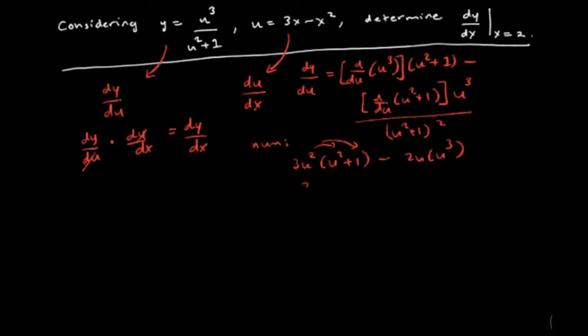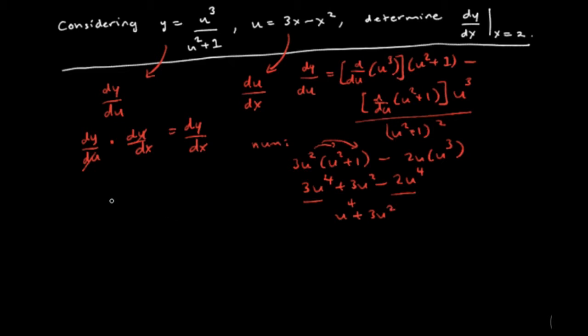Right, so you get 3u squared times u squared, which is 3u to the power 4, plus 3u squared minus 2u to the power 4. I can combine these two because they are like terms. So 3u to the power 4 minus 2u to the power 4 gives u to the power 4, plus 3u squared.